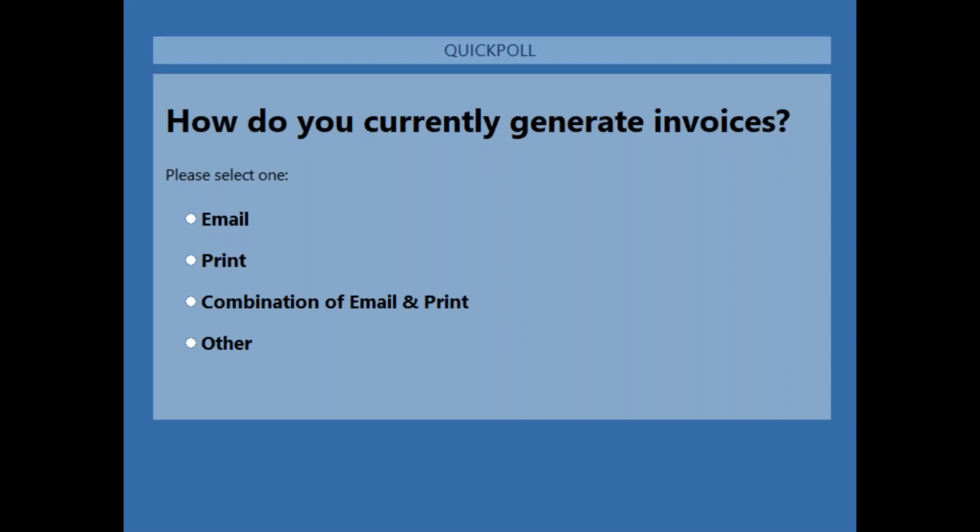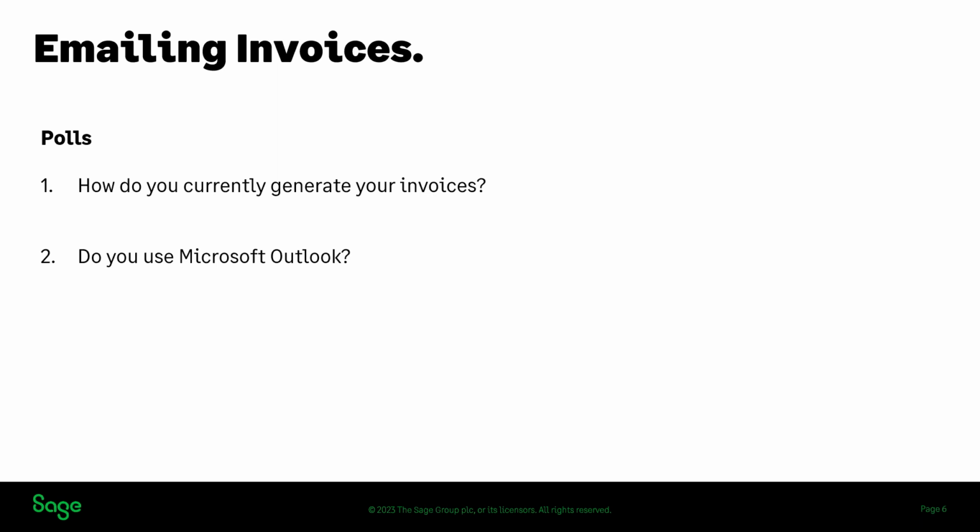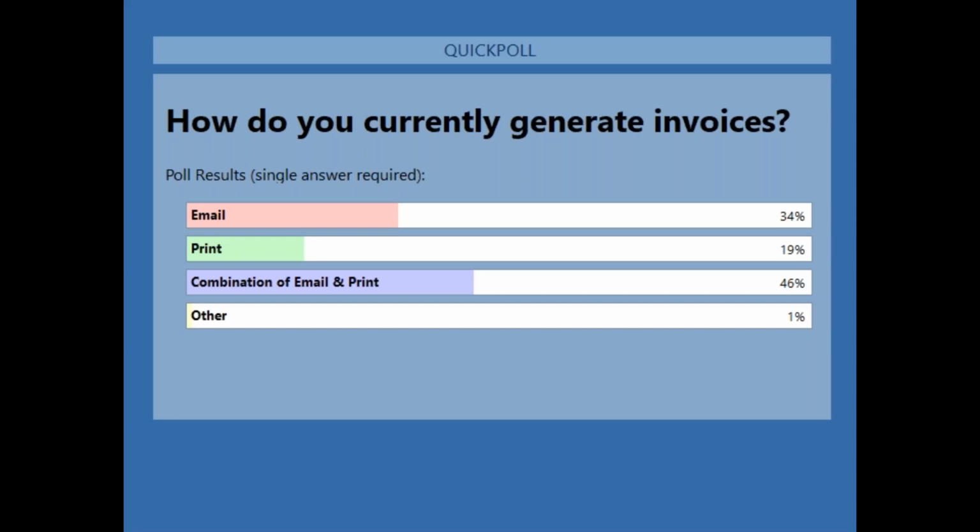Right, okay, I'll just close that poll now. So about 67% or so of you have voted there. Let me share the results so you can see that. So you can see a decent percentage of you, about 34% is showing at my end there. 34% of you email only, 19% of you print only, about half of you are using a combination of the two, and 1% maybe going down some other route.